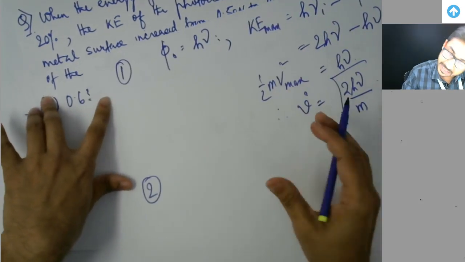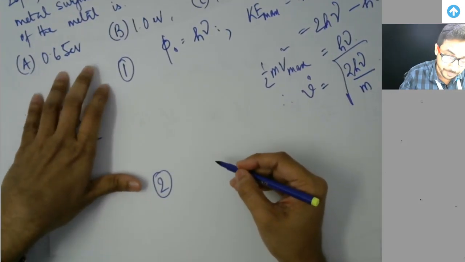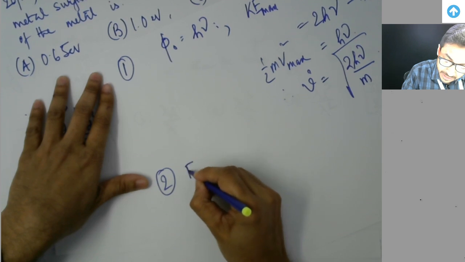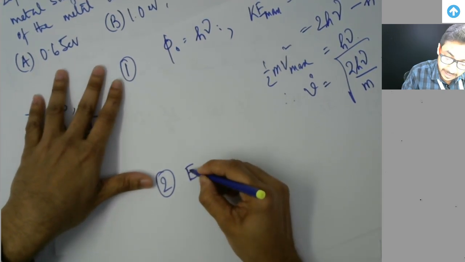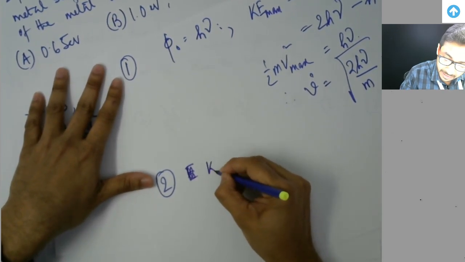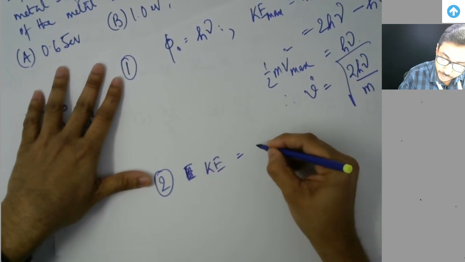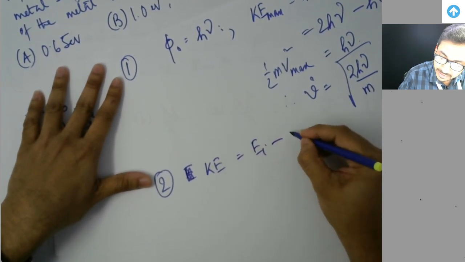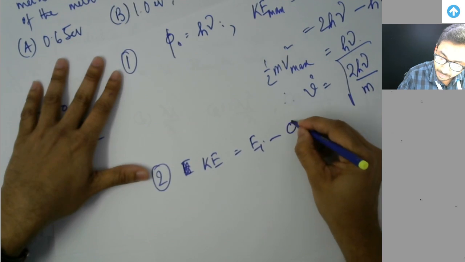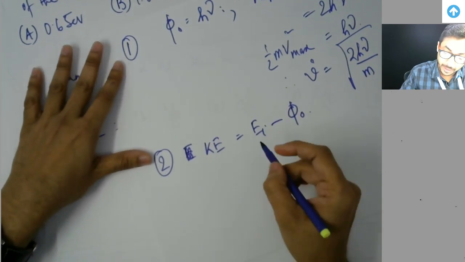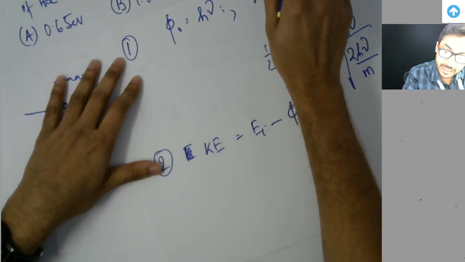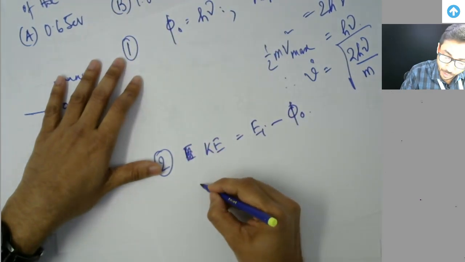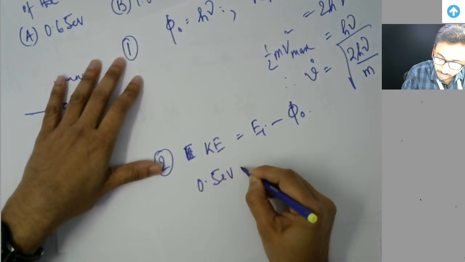How to solve this? Same equation, same problem. Initially the kinetic energy equals the energy incident minus the work function. Initially the kinetic energy is 0.5 electron volt.